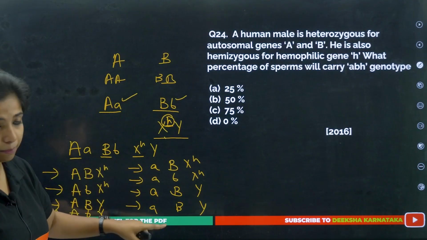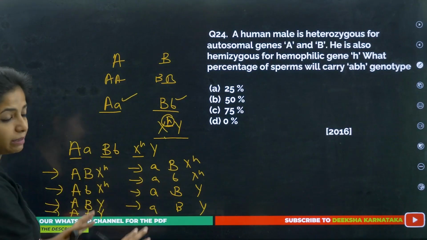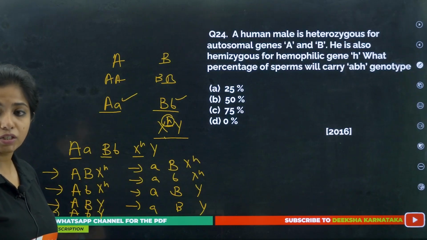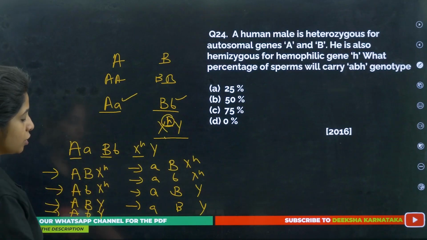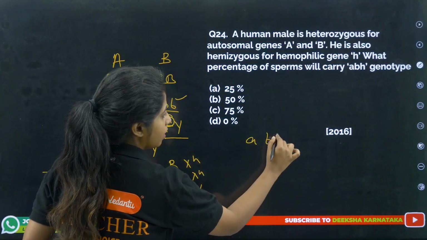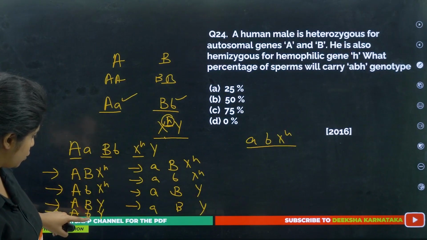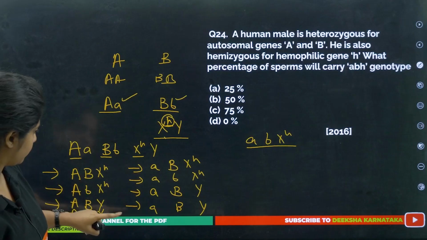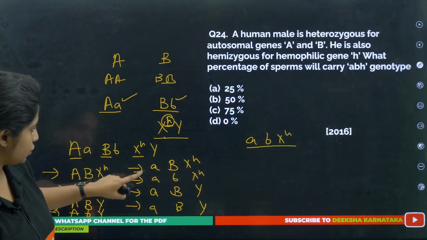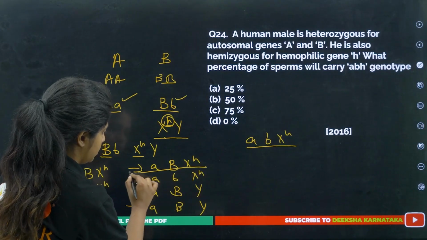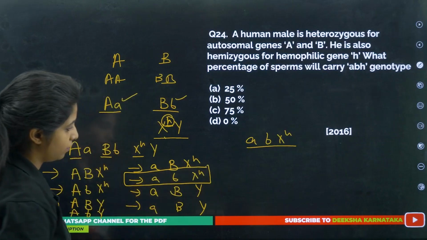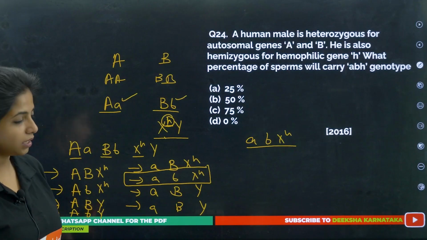So, this is the type of sperms that could be made, the type of genotypes that could be found in the sperm. What percentage of the sperm will be carrying ABH? ABH means it should be looking like ABXH. Let's see. If you see from here, we just have this one which is carrying the ABH gene.